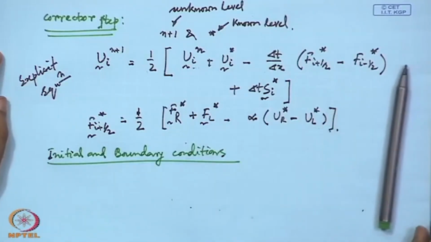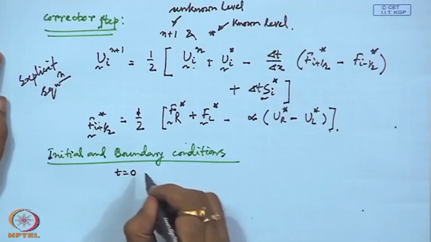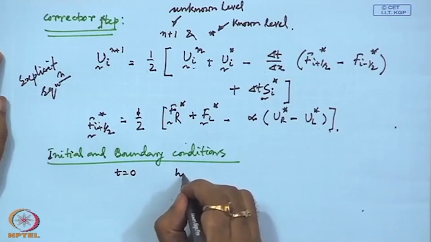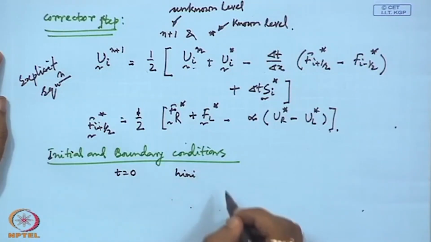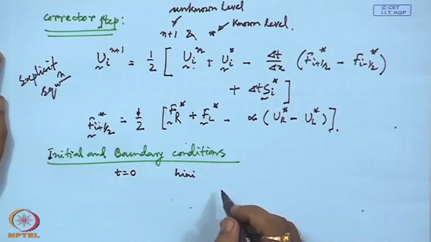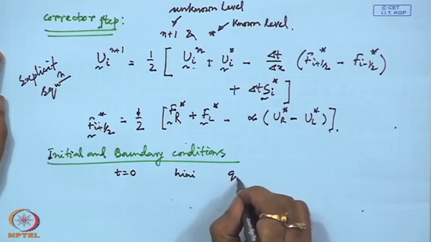At t equals to 0, we need to consider one h initial depth and q initial.